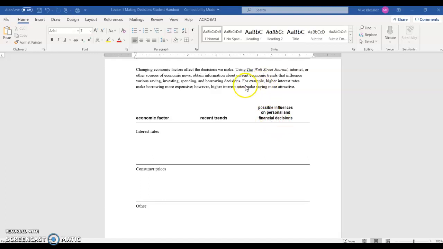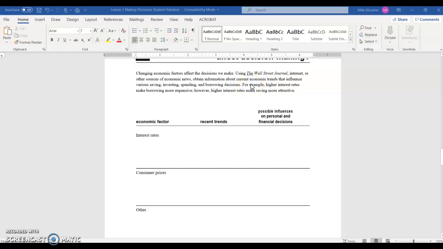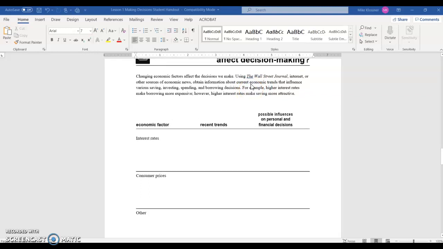So up here in the instructions, let's say you found that the recent trend is that interest rates are higher right now. The influences would be, one, it would make borrowing money more expensive. But a positive would be that higher interest rates make saving money more attractive.